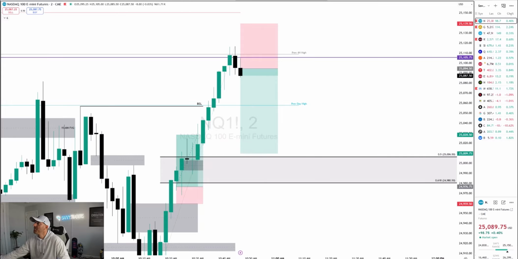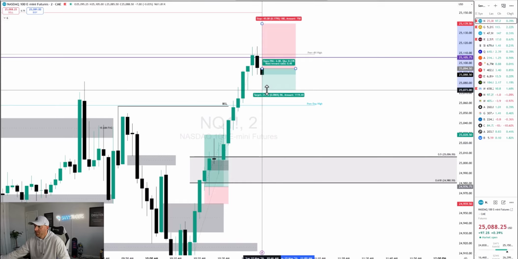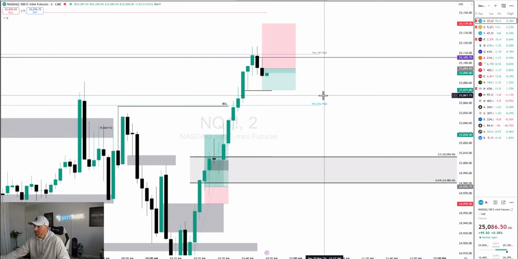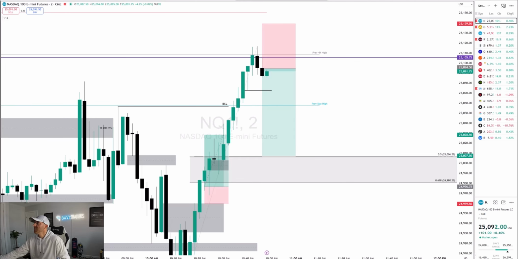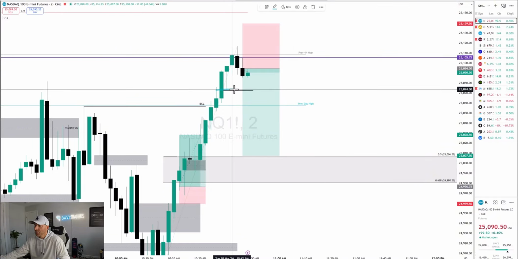Just a little stab. Was a nice level rejection. I like to see these happen right away though, so if it doesn't, I'll just stop out. I'm already up like 900 bucks on the day, or else I wouldn't be taking this. And I scale out right here if we get this low.